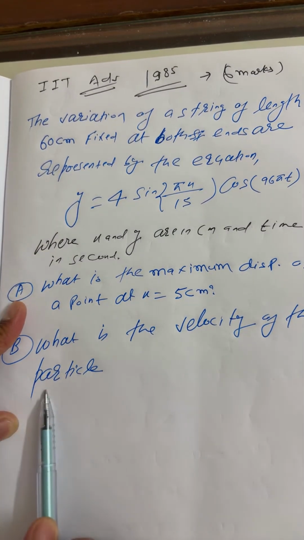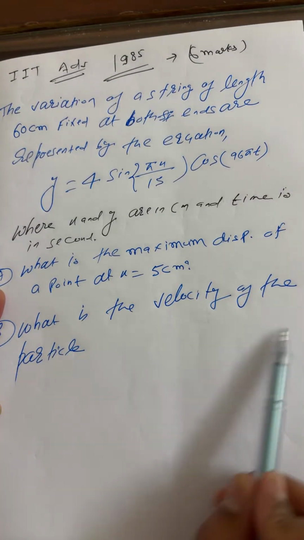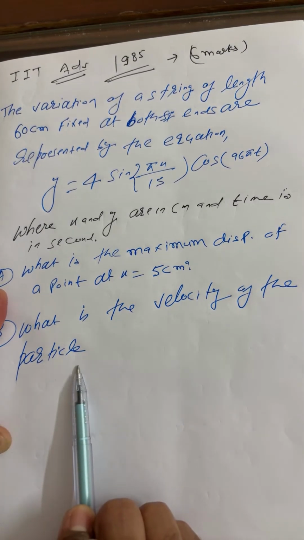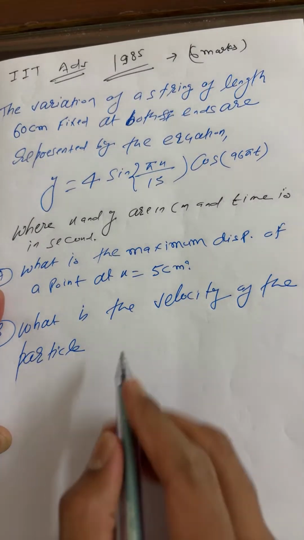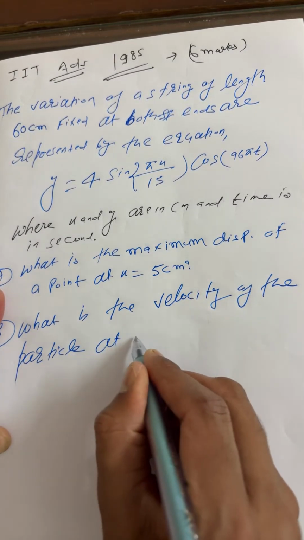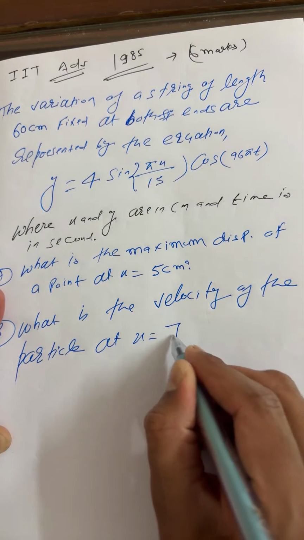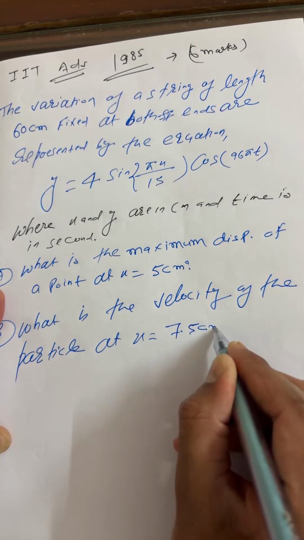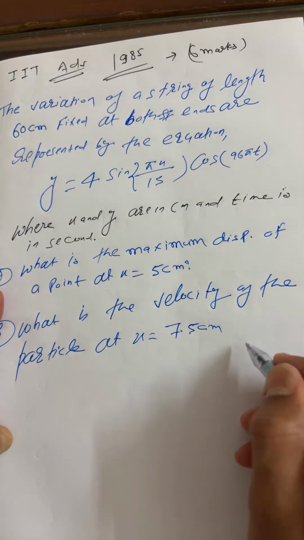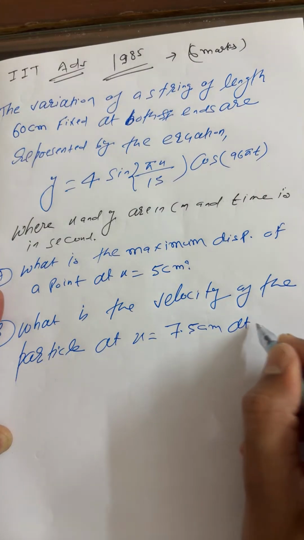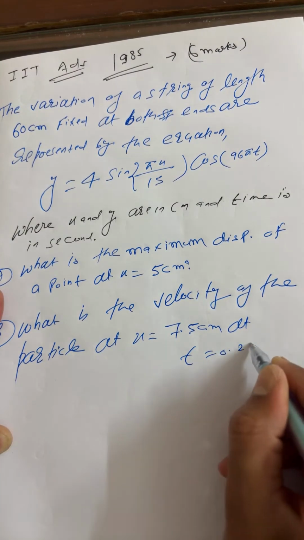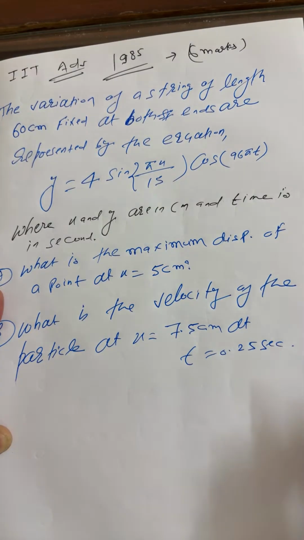Now, students, this is part number B. What is the velocity of the particle at x equals 7.5 centimeter at t equals 2.5 second?